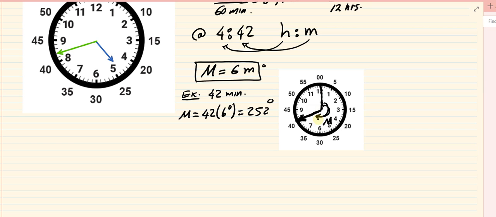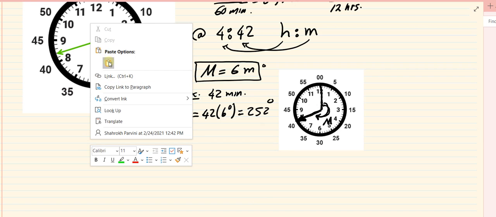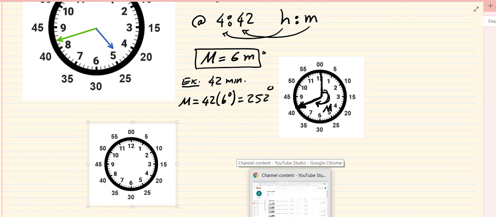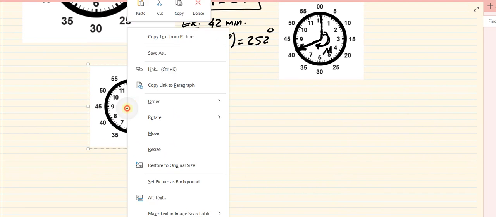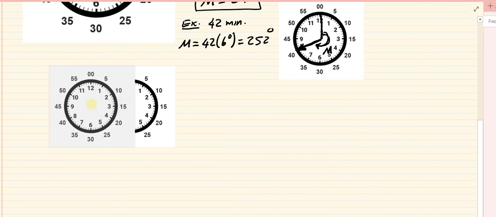Now, let's answer the more challenging question: how far has the hour hand moved from 12 o'clock? Let's take a look at this one now. I'm going to look at, let's say, 4:42.